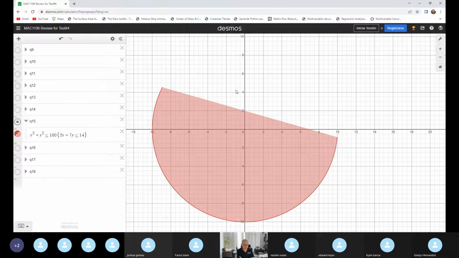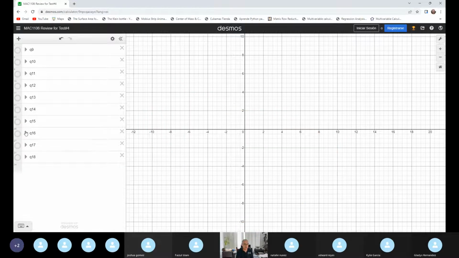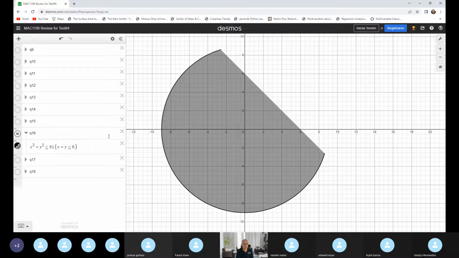Yes or no? Clear? Okay. Likewise, 16 is another circle and a line. Look. It's similar. Okay, no problem, right? Just clear.